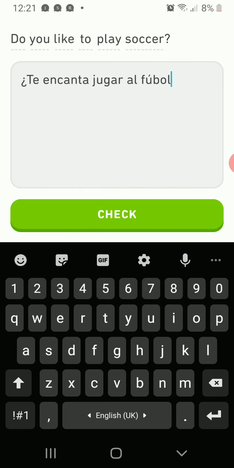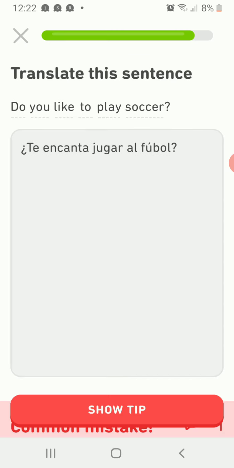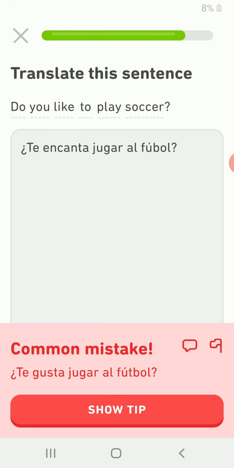So this is very important to understand. We have already seen when to use del, and when you have de and el, it becomes del. There's kind of a contraction, and a new preposition is created. It's the same for a and el, it becomes al. Encanta.